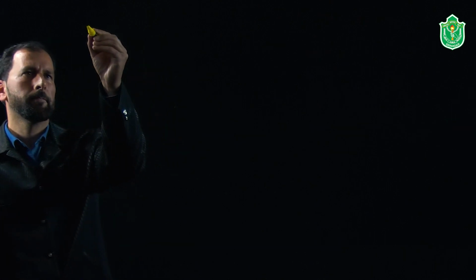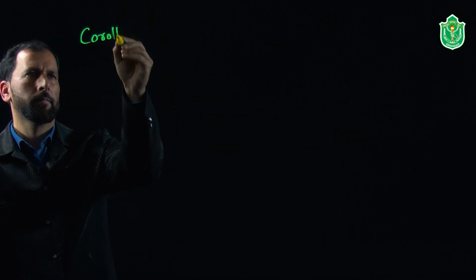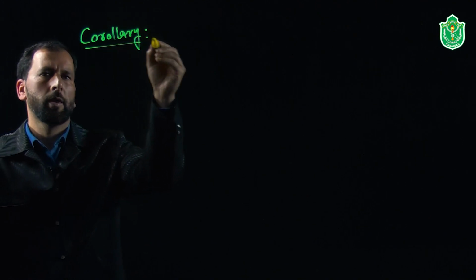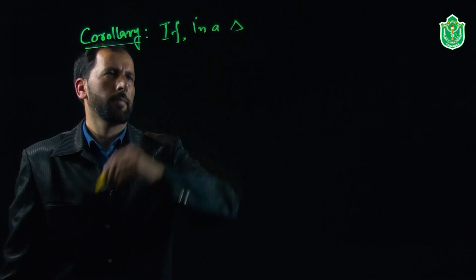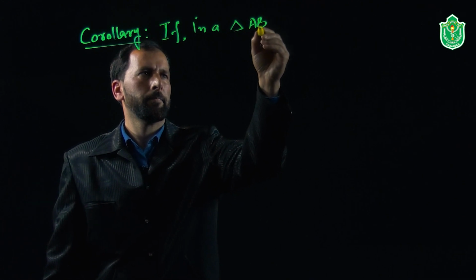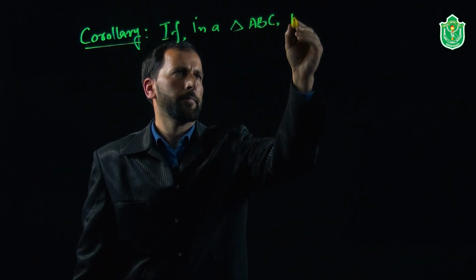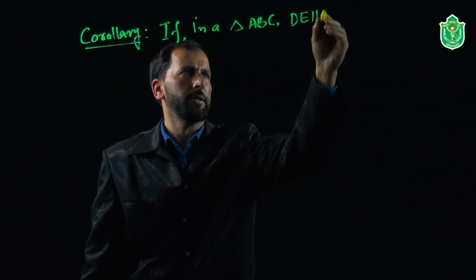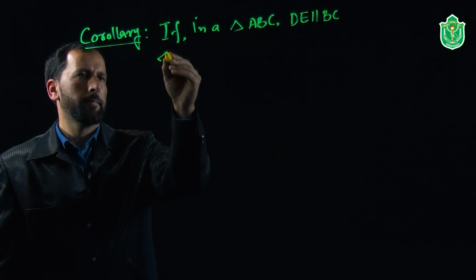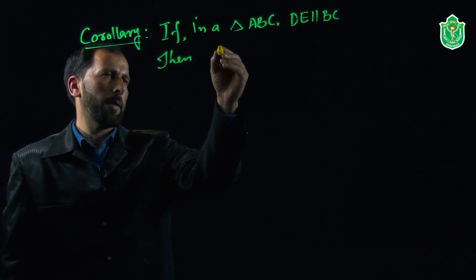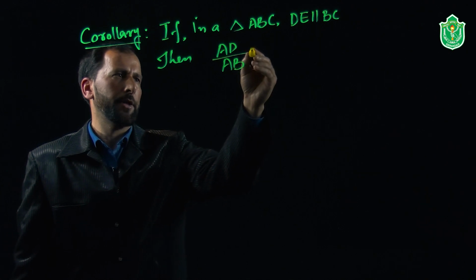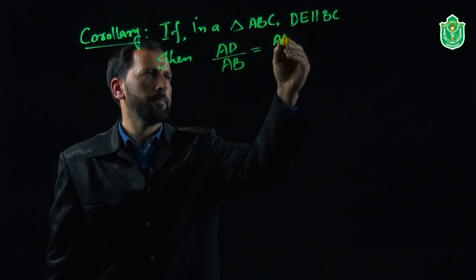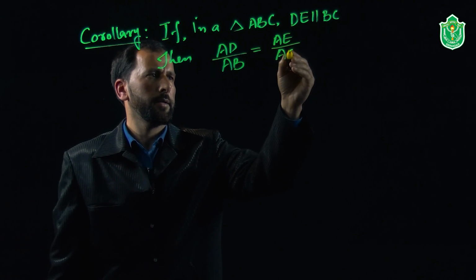The corollary is: if in a triangle ABC, DE is parallel to BC, then AD by AB is equal to AE by AC.